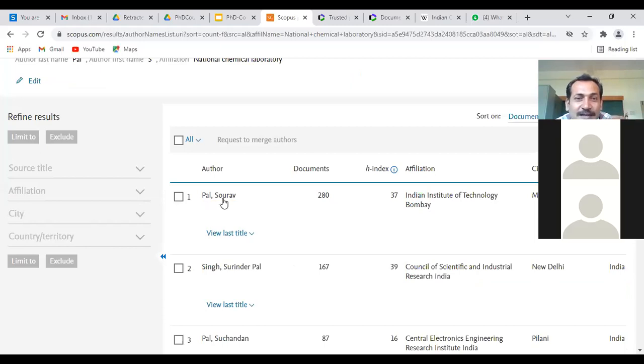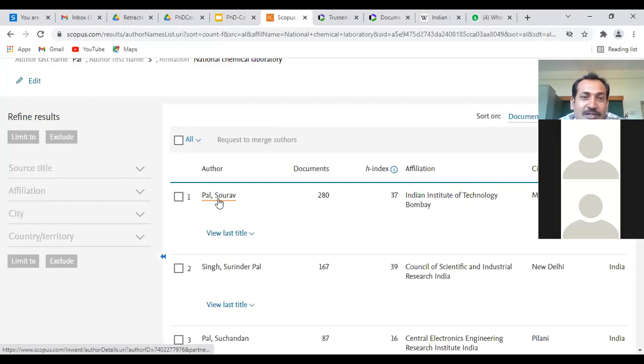Now if I click on his name, what I will see is the citation. Here I see that this particular author has 280 documents, meaning 280 research papers are published, and the H index is 37. The H index decides the quality of research articles published by this author. And the present affiliation of this particular author is given out here.